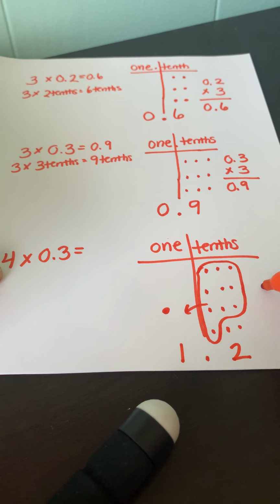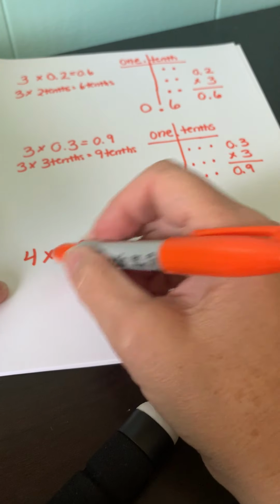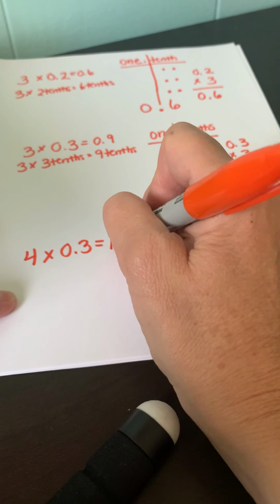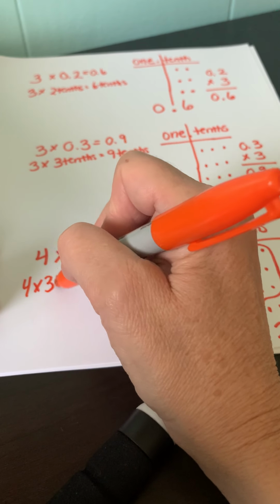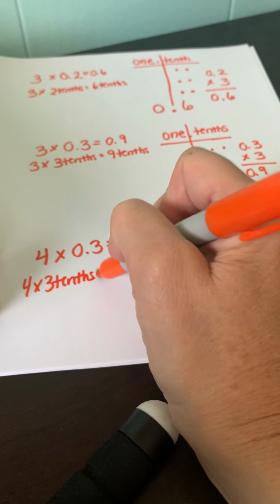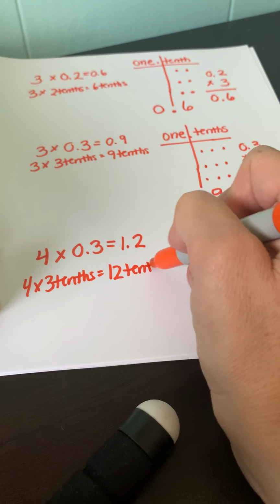So 4 times 3/10 gives me 12/10, which we write as 1 and 2/10. 4 times 3/10 gives me 1 and 2/10. 4 times 3/10 equals 12/10.